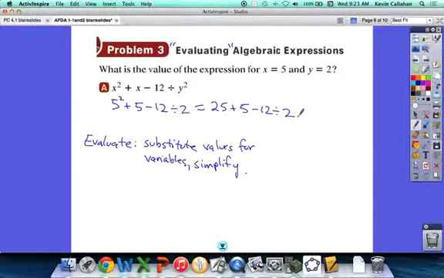What would be the next operation to do? There's a plus, there's a minus, there's a divide. What goes first? Divide, right? So this will be 25 plus 5 minus 6. What's that? Oh, you're right.